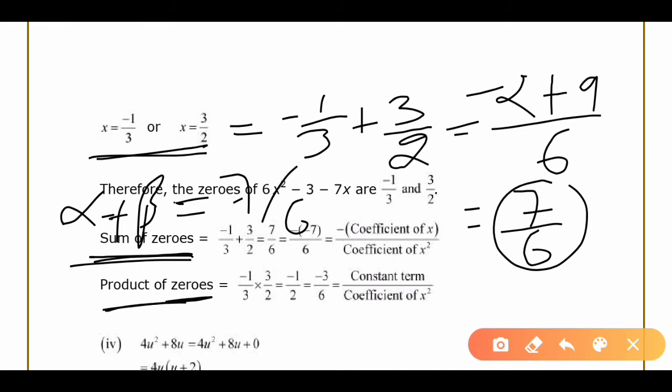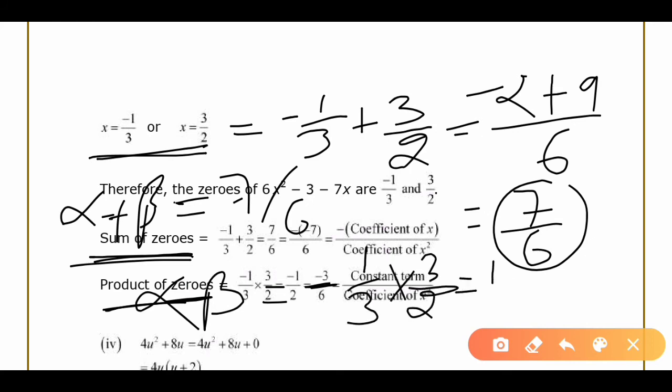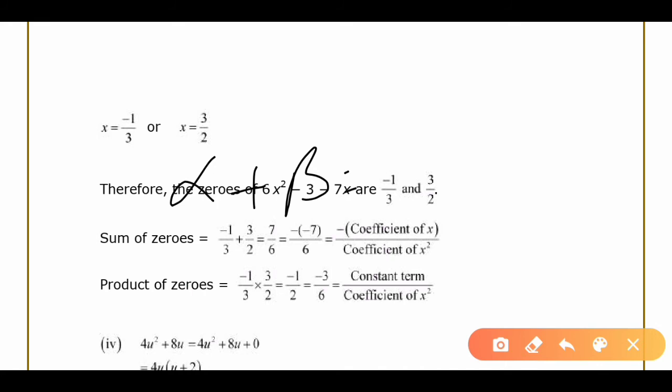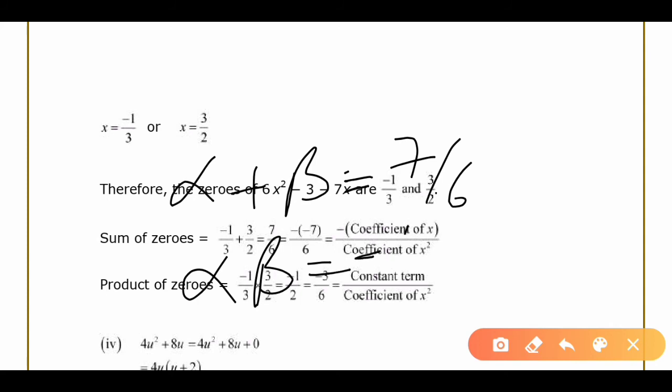Again, the product of zeros, that means alpha into beta, is the multiplication of minus 1 by 3 into 3 by 2, which gives minus 1 by 2. So you can see here alpha plus beta is equal to 7 by 6 and alpha beta is equal to minus 1 by 2. Clear?